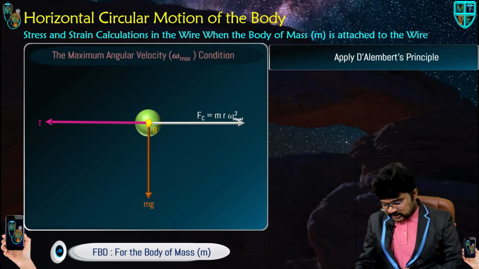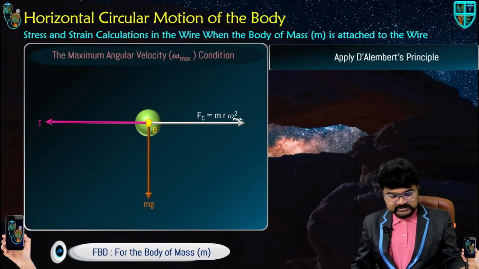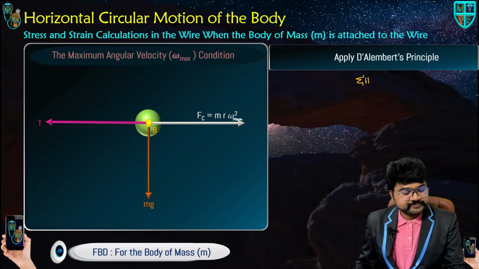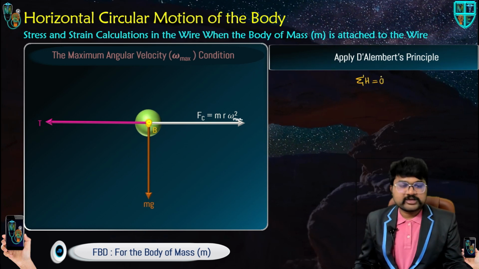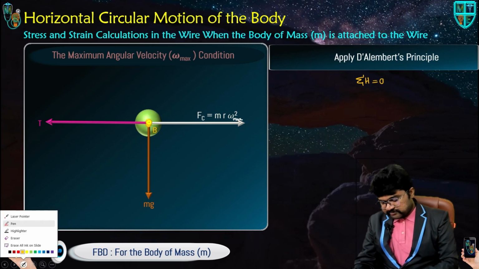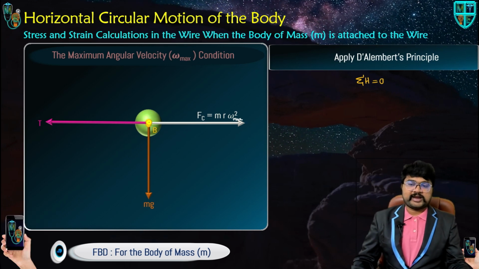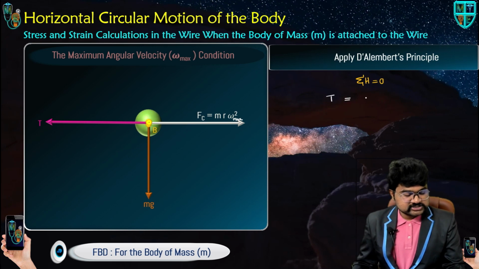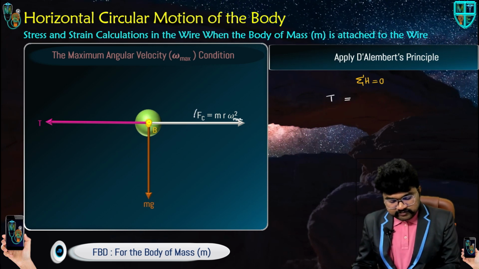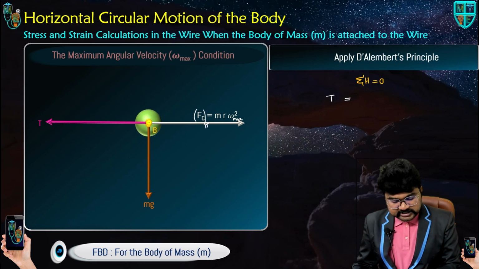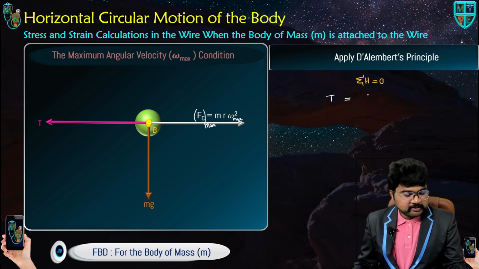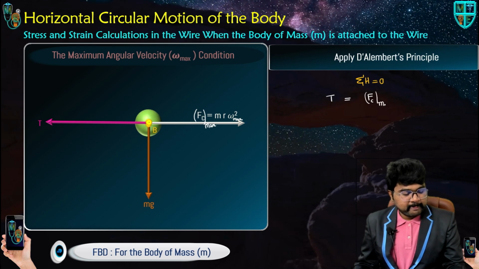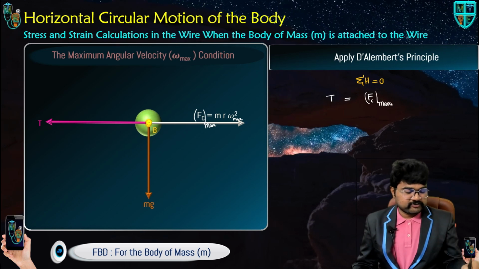Here we need to apply D'Alembert's principle. It's very simple. Sigma H equals 0. The sum of the left forces equals the sum of the right forces. Tension in the string equals the maximum centrifugal force.